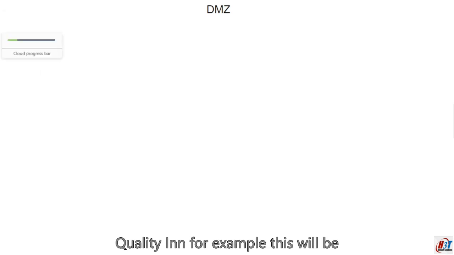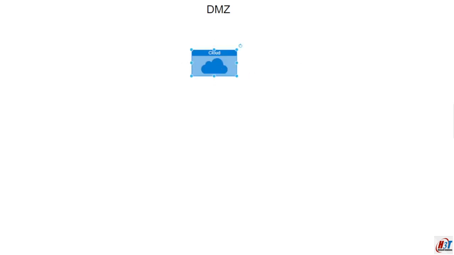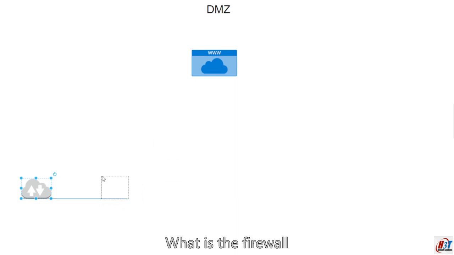So now I will create a new diagram here. Plot here, for example. This will be our internet here, www. So next we will add the intranet here. This goes to the firewall. Here, this is the firewall.